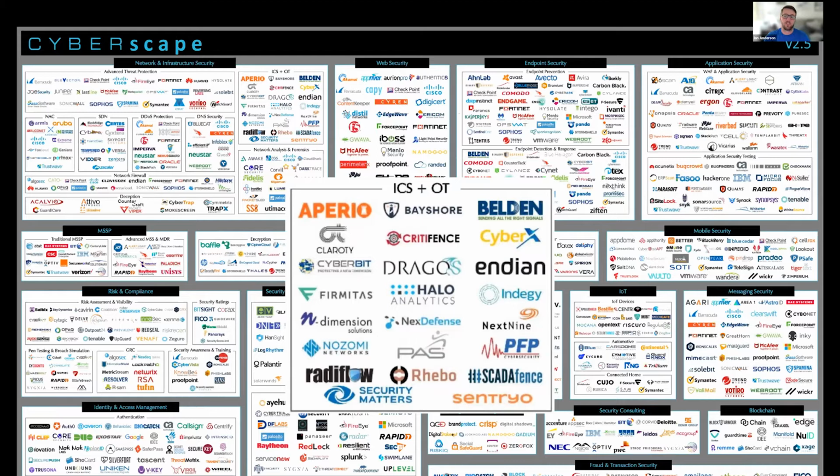And to go back and reference that OT security space, and I forget the citation here, it's estimated there's going to be around $23.5 billion worth of value in the OT security space specifically by 2026. That's an incredible amount of growth for an area of networks that most people don't even know exist and certainly don't really understand or comprehend how they operate.